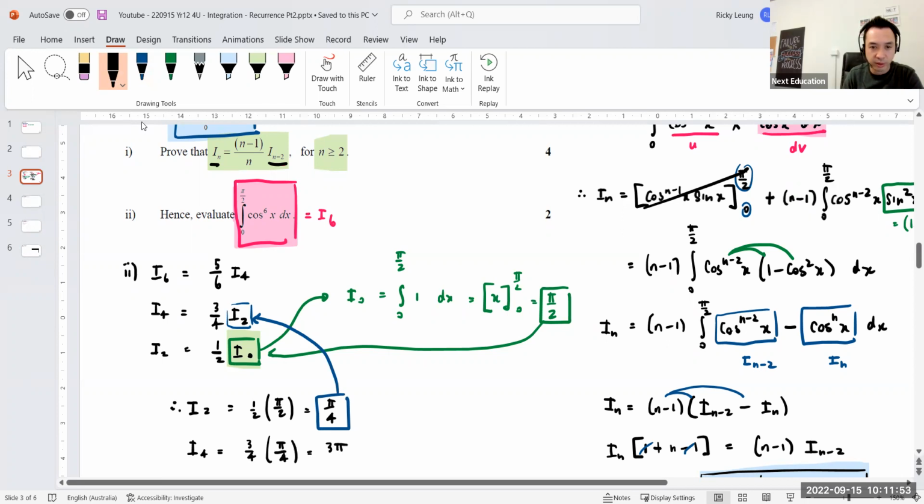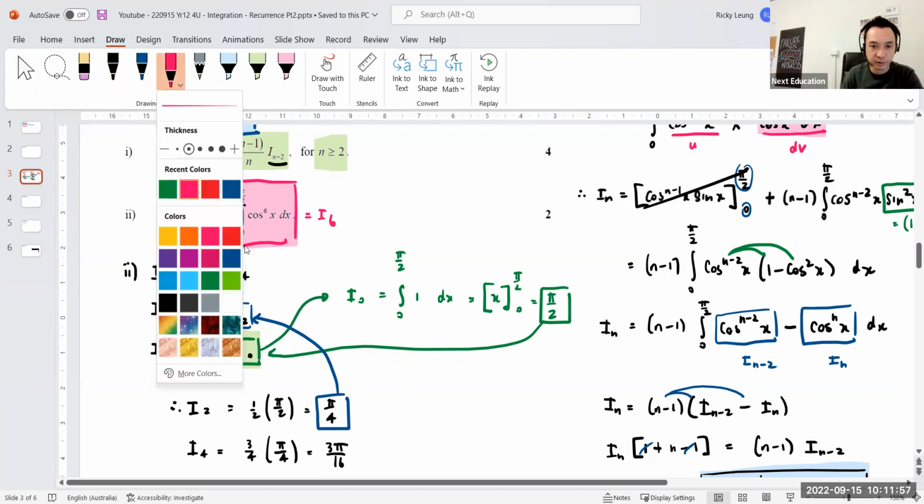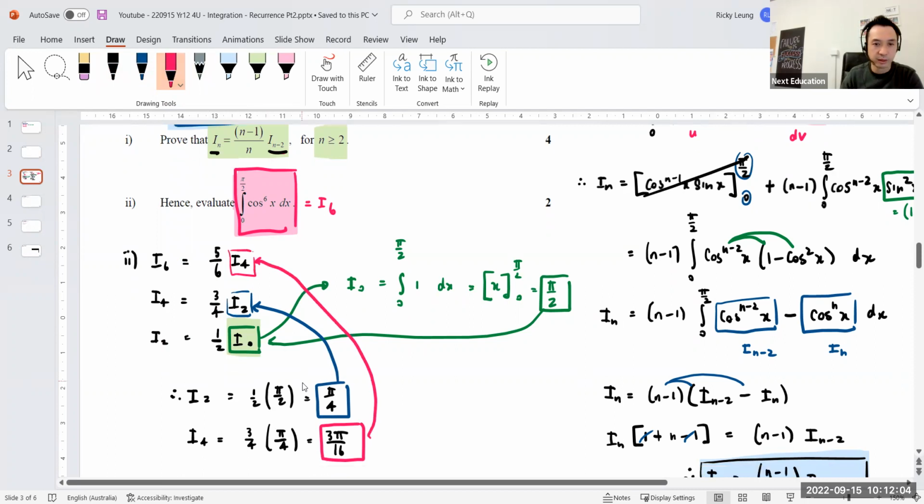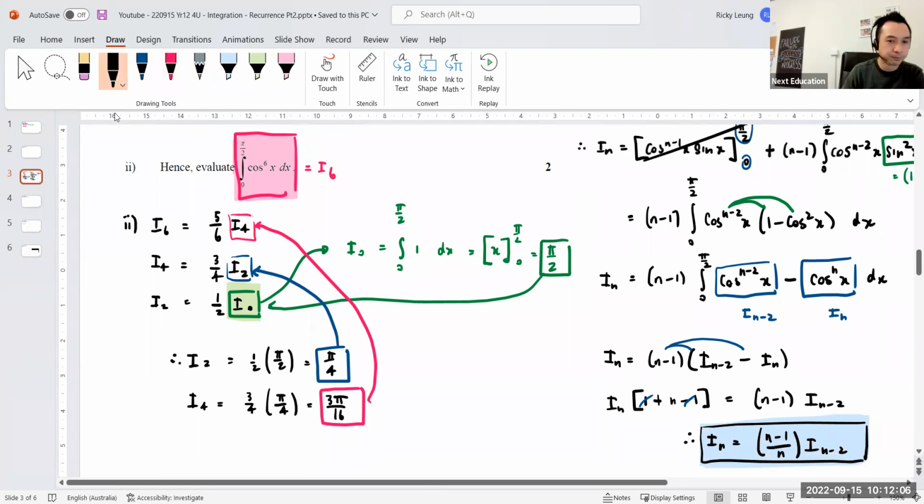Is that 3 pi on 16? Last but not least, this guy recursively back into here, and then I6. I think, have I done some maths wrong? Why does it feel like I've done something wrong? So 3/4 of I2, half times that, 3 on 4 times that.